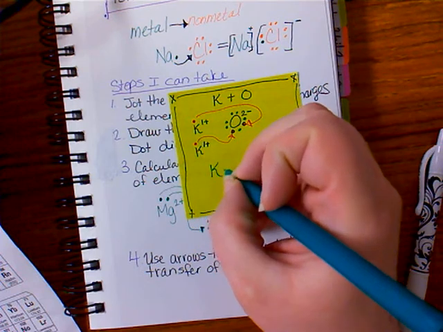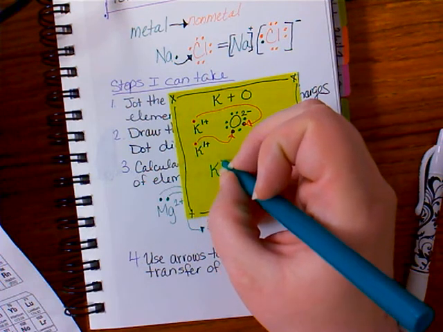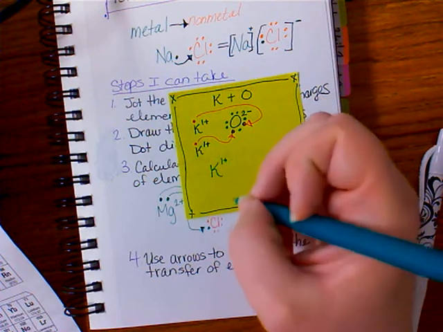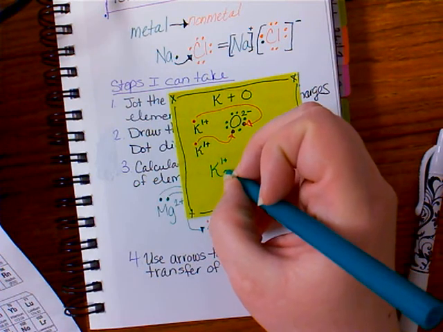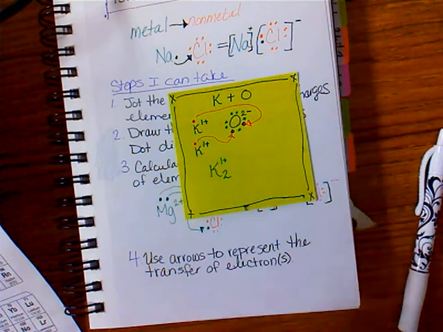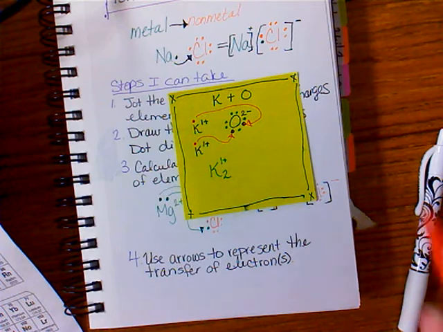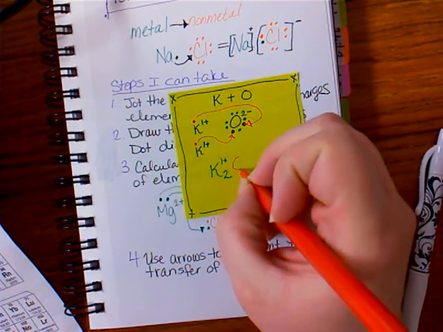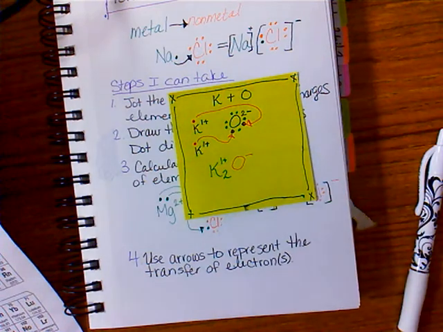So I'll do my K. I got my 1+ charge. And now I have my 2, because I have 2 of these. Okay? Now we got oxygen. We only have 1 oxygen. Ta-da! And you're done with this.